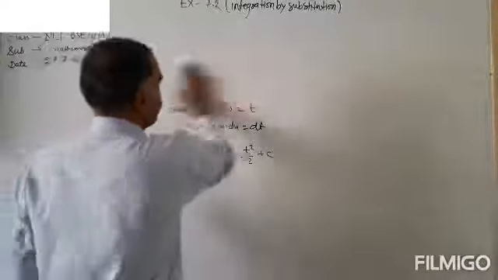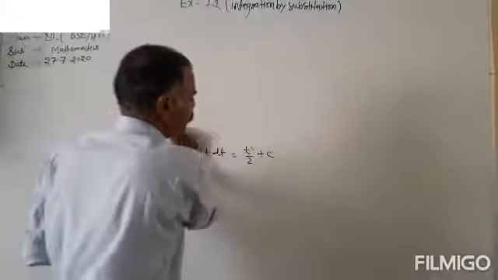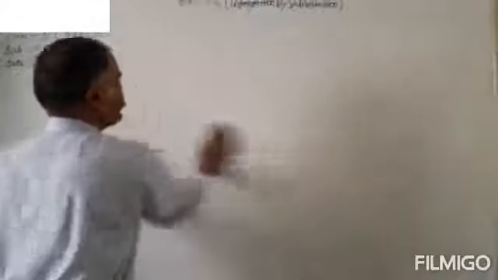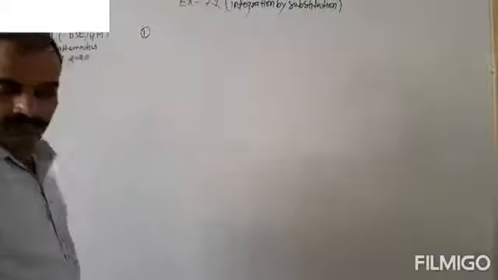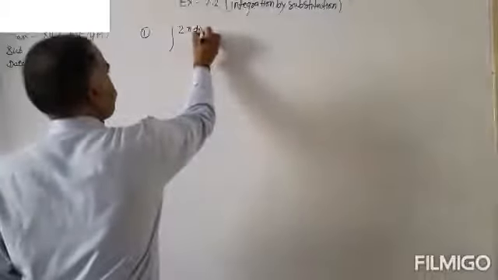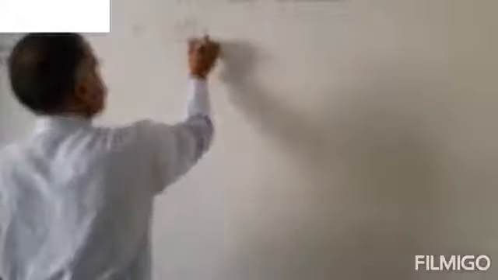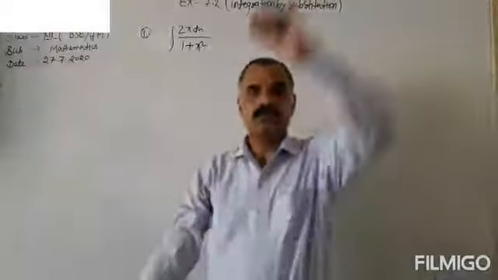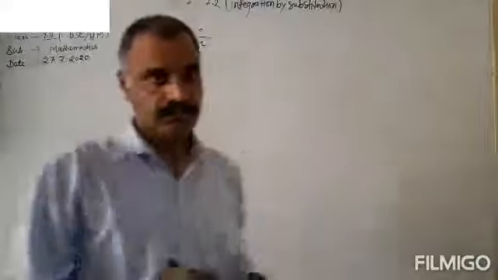Question number 1 of this exercise, 7.2, is the integral of 2x dx upon 1 plus x square. You have to integrate this.